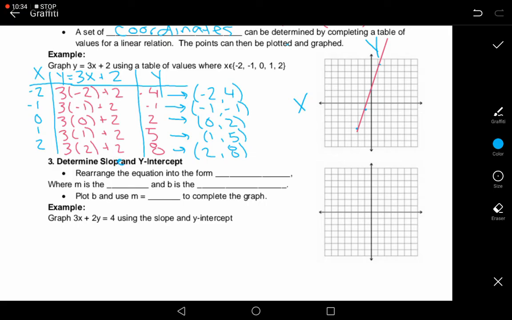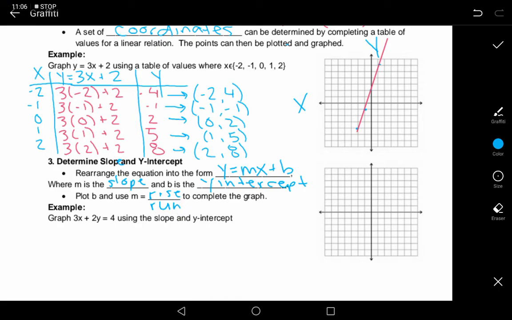We're going to rearrange the equation so it's in the form y equals mx plus b, where m is our slope and b is our y-intercept. So we're going to plot b and use m equals rise over run to complete the graph.